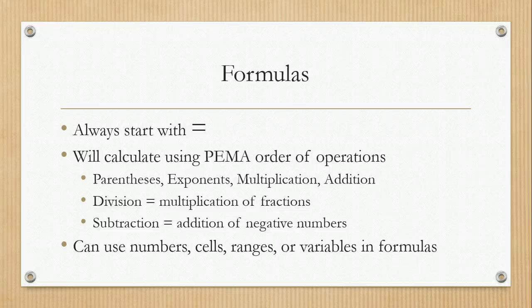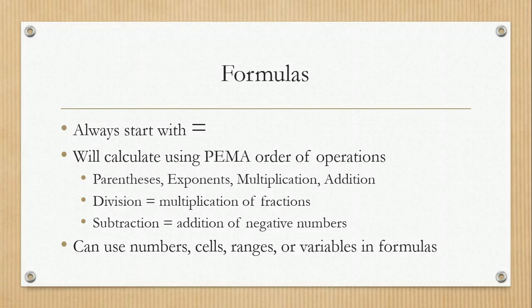And what this means is when we're writing a formula from left to right, the program will go through that formula and first calculate all parentheses, and then it will calculate all exponents from left to right, and then all multiplication from left to right, and finally all addition from left to right. So there's an order to the way in which those operations are fulfilled or calculated within the software.